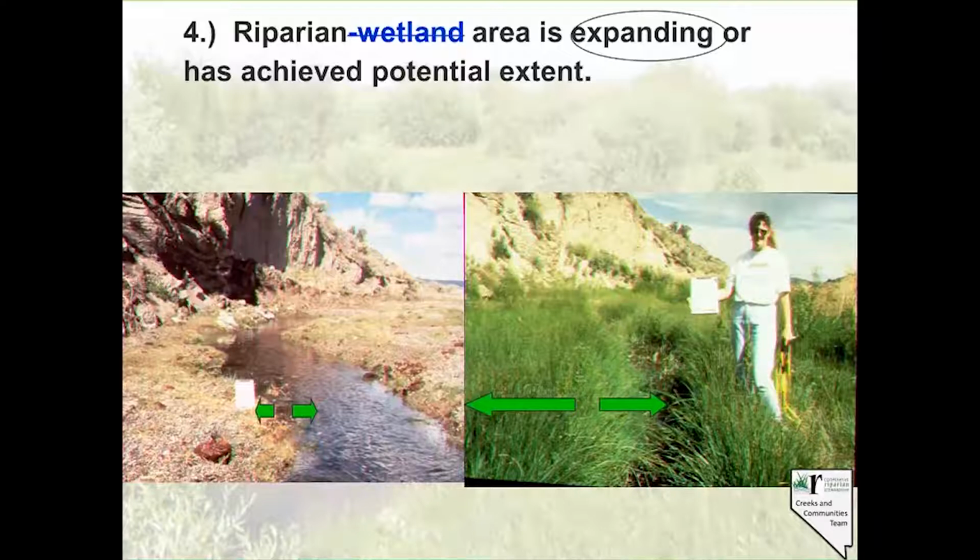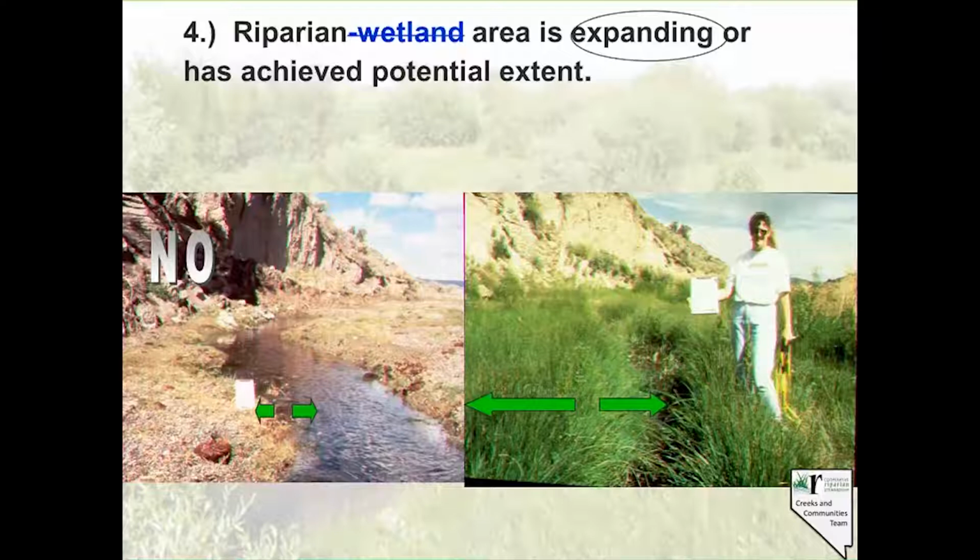In the photo on the right, it may have completed its expansion, but this is just an example of what expanding gets you from point A to point B. And expanding, in terms of management and improvement of the riparian area, is a good thing. And so we're showing that we're either recovering or that we have fully recovered.